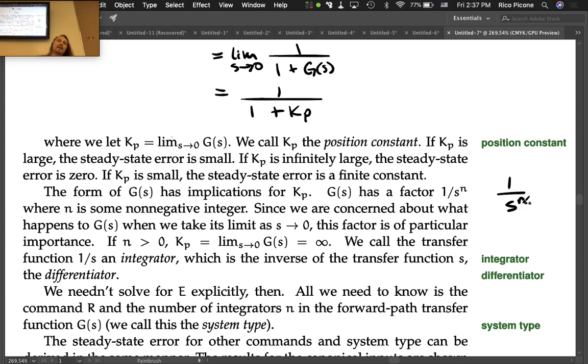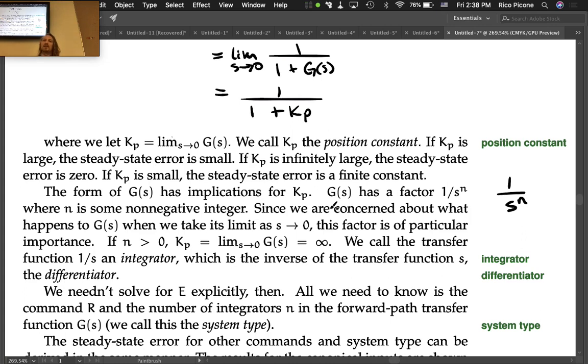If you plug infinity in here for the steady state error, we get 1 over infinity, which is 0, right? So 0 steady state error. So if you even have one factor of 1 over s in your transfer function, you have a 0 steady state error if you have a step command, okay?